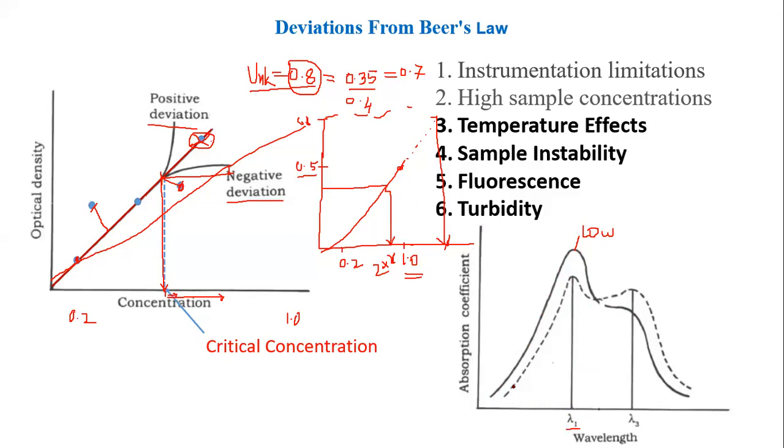Now this dotted line that you can see is the same sample, but it behaves slightly differently at high concentration values.